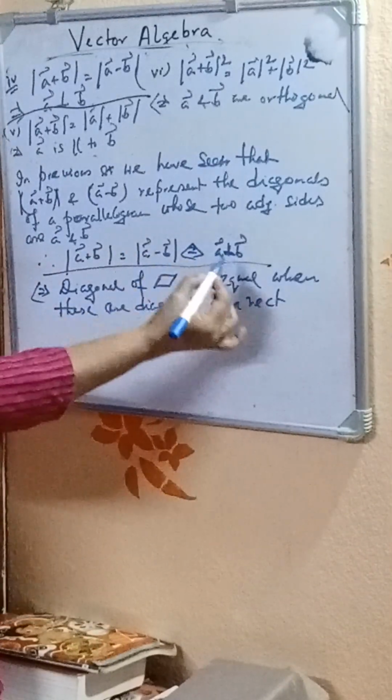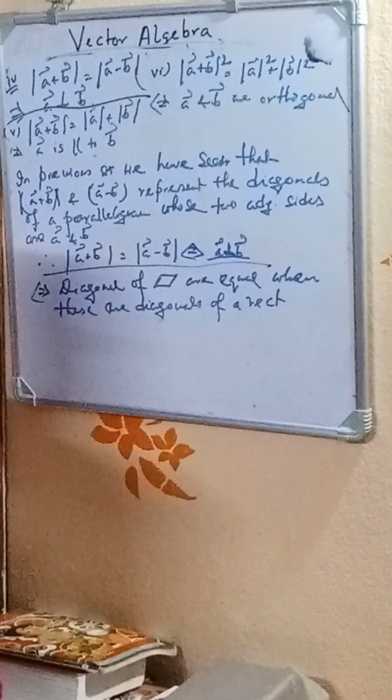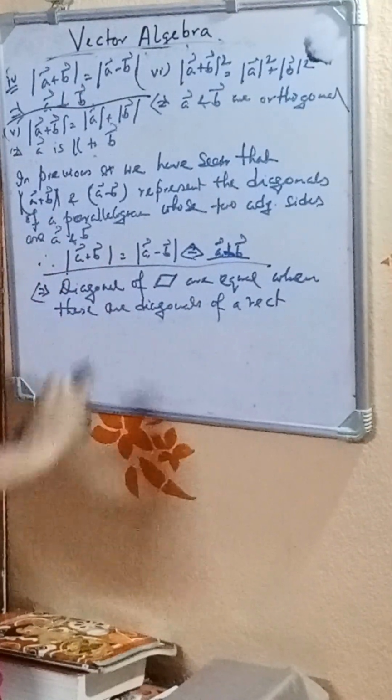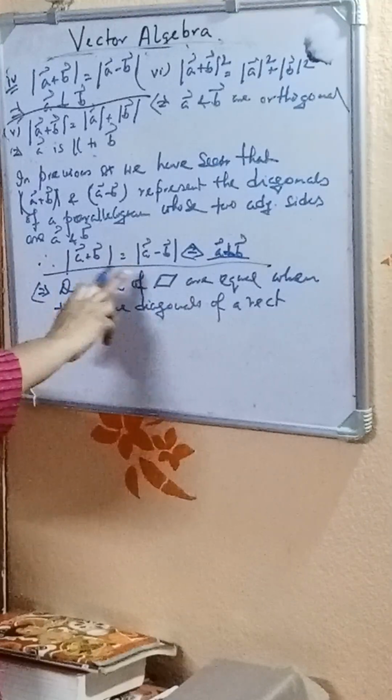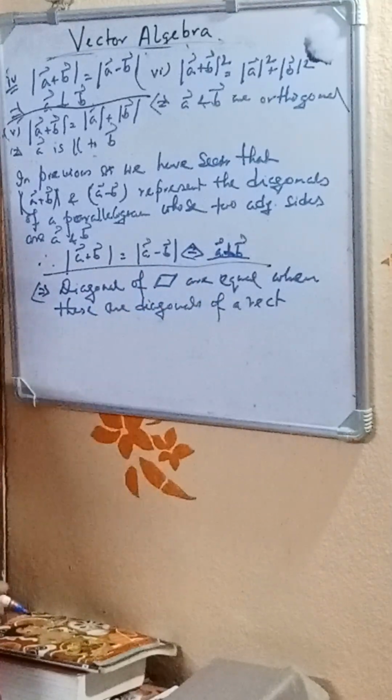This implies that, because in a rectangle two adjacent sides are perpendicular to each other. So if the diagonals of a parallelogram are equal, then those are the diagonals of a rectangle.